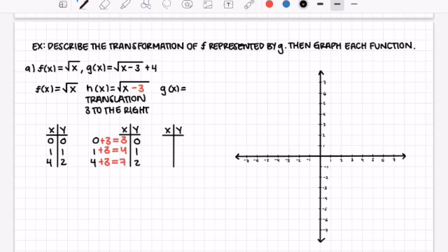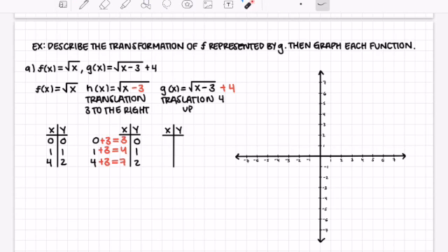Then, after I do that, I'm going to deal with the plus 4 now on the outside. So my new function or translation will be x minus 3, and again we're adding 4. So in this case we're translating 4 up.